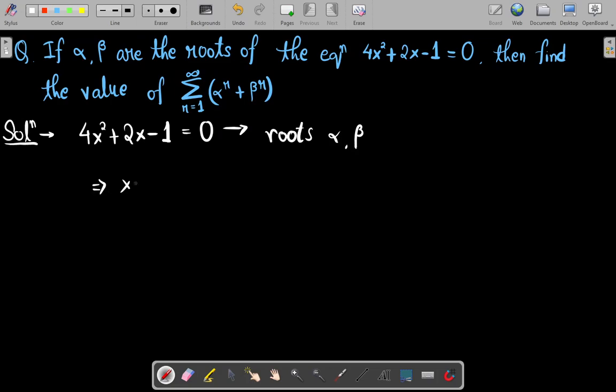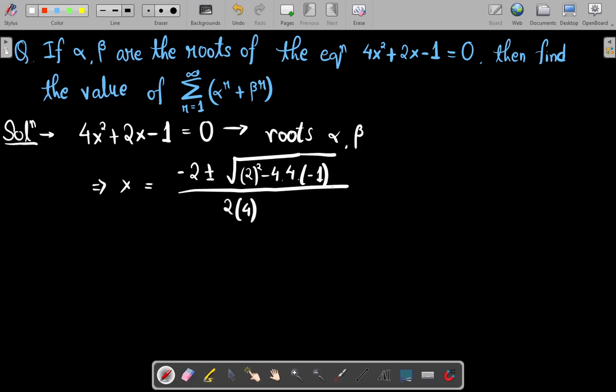So if we use the quadratic formula, we see the roots are minus 2 plus or minus the square root of b squared, which is 2 squared, minus 4 times 4 times minus 1, which is plus 16, upon 2 times 4. So this becomes minus 2 plus or minus the square root of 20 upon 8.